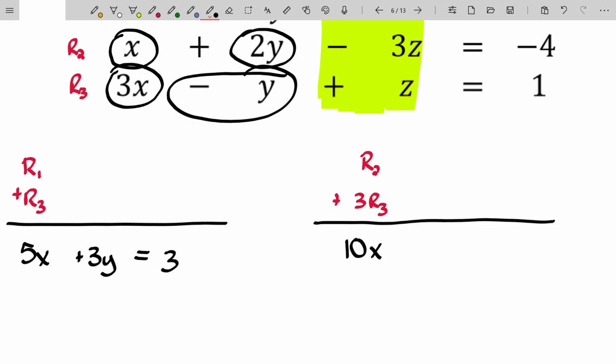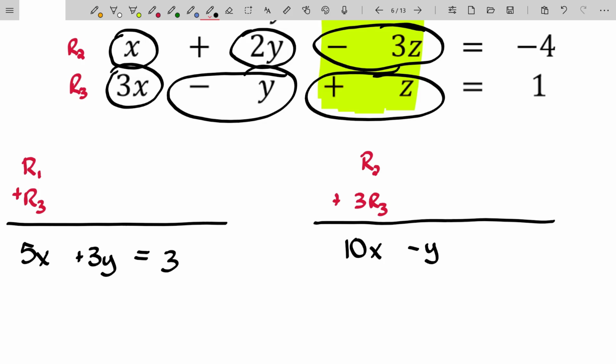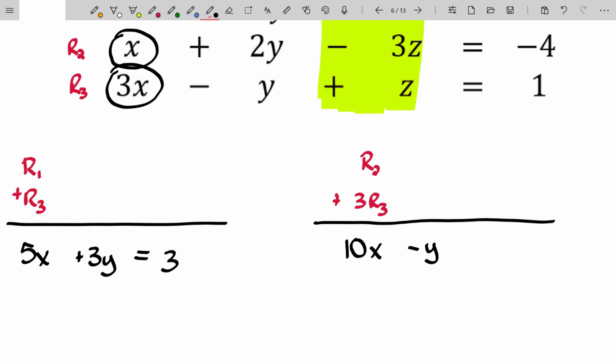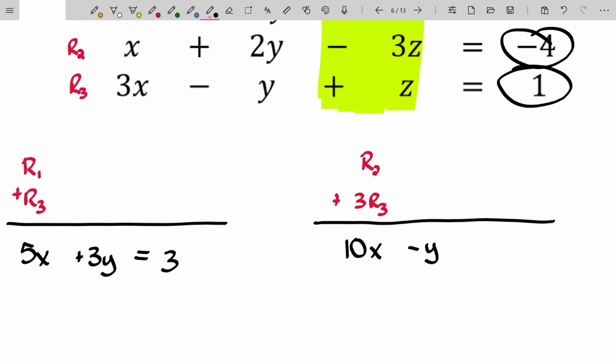We're multiplying that third row by 3. So 2y plus a negative 3y is a negative y. Then we have negative 3z, but we're adding 3z, so they cancel. And finally, negative 4, adding positive 3, and we get a negative 1.